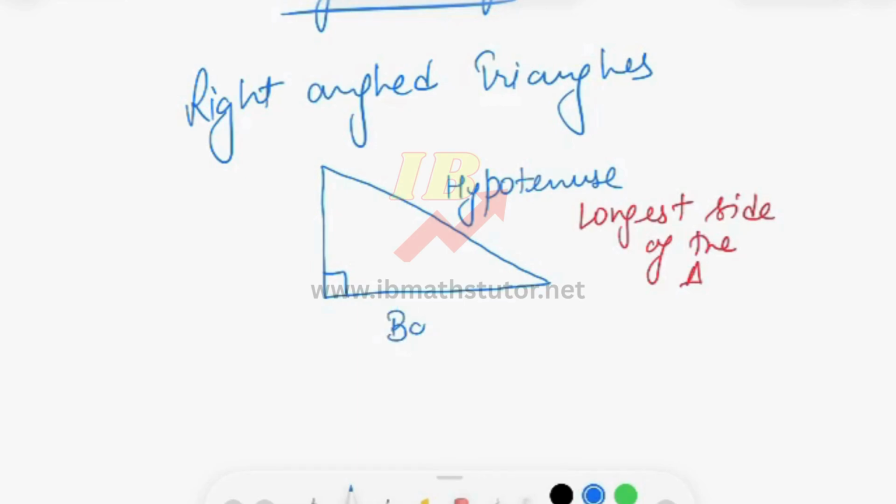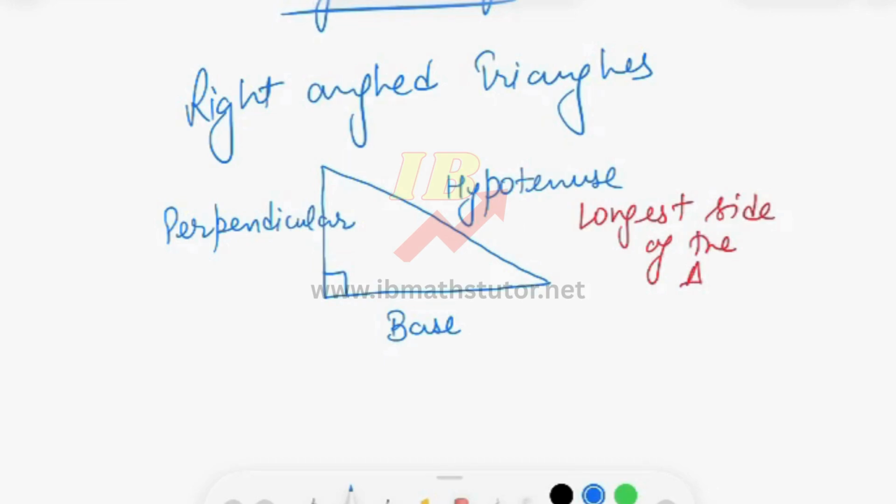This is called base. This is called perpendicular. So whenever you see any right triangle, then only we are supposed to use the trigonometric things, right?